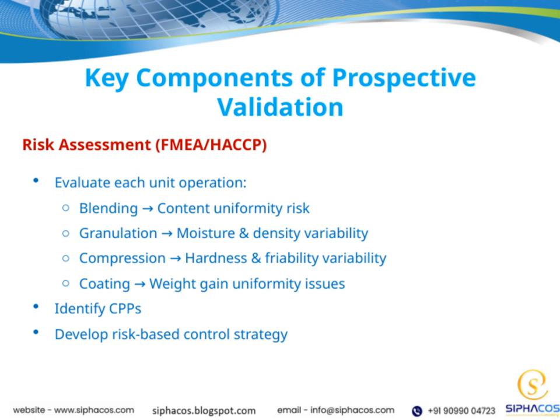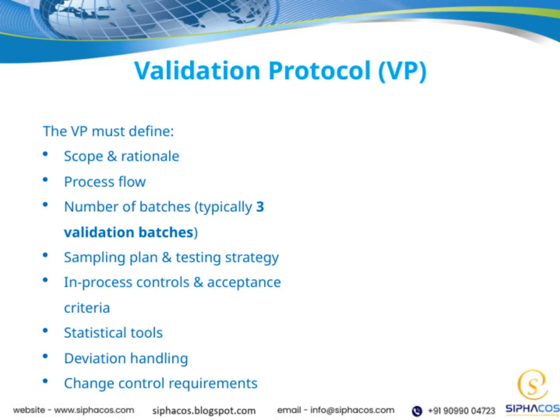Now, as the VP, it's essential to clearly define several critical aspects of the validation process. First, we need to establish the scope and rationale behind the validation. This means understanding exactly what processes or systems we're validating and why it's necessary to ensure quality and compliance. Next, we must outline the process flow, how the validation activities will progress step by step.